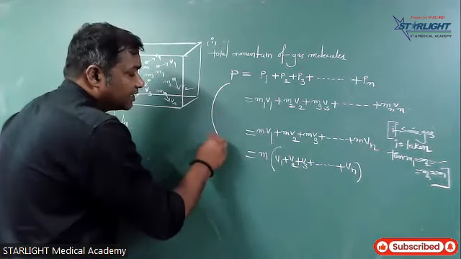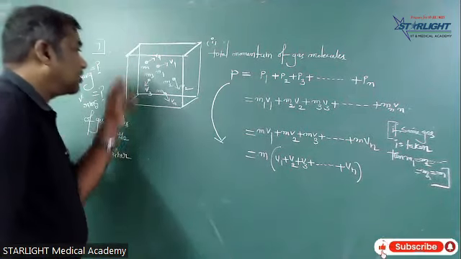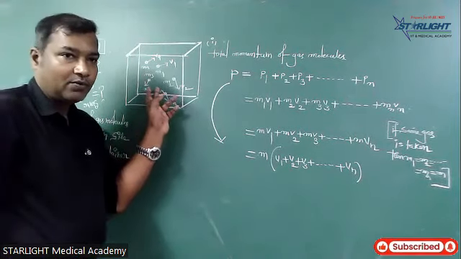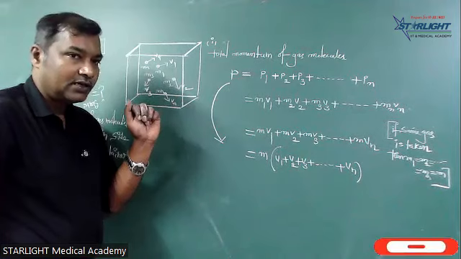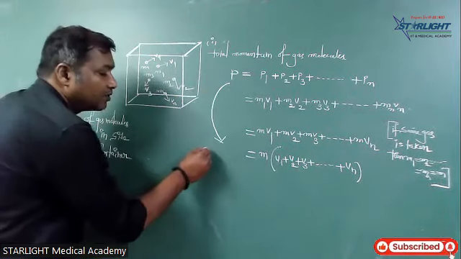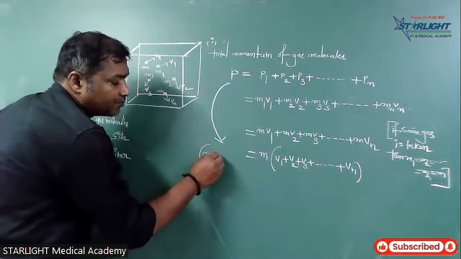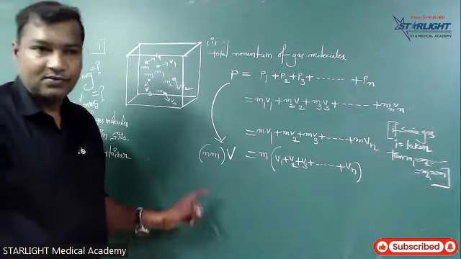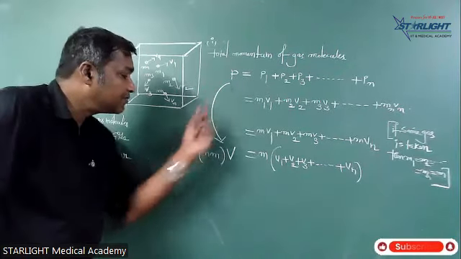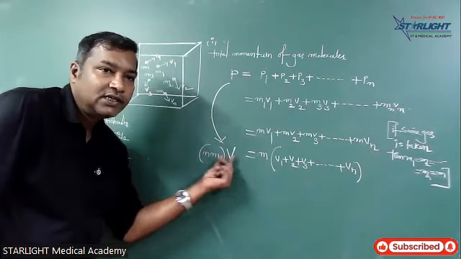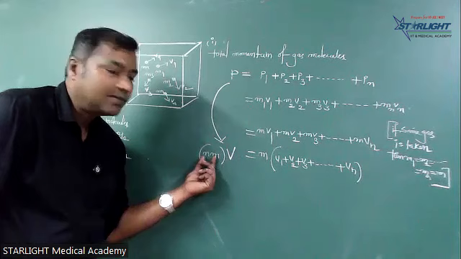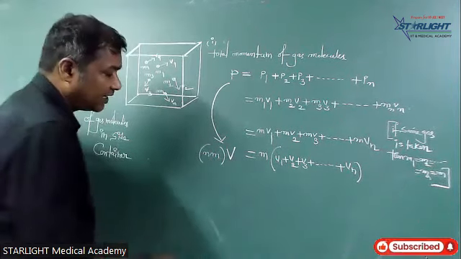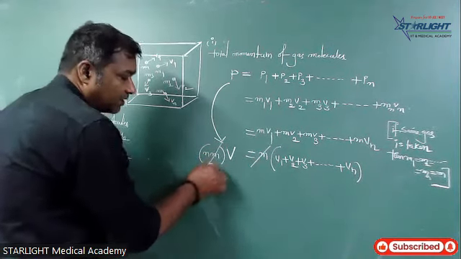This P indicates, suppose all are M. How many are there inside? n molecules, so mass nm. Momentum, total momentum is the product of mass and velocity. When all have the same mass, it is nm into v, and the m cancel.